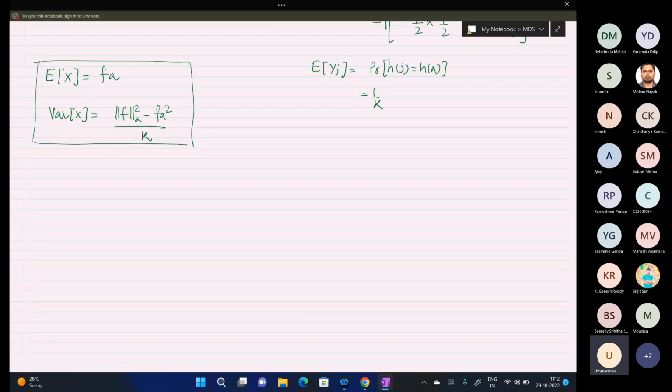Chebyshev inequality says that if x is a random variable, then the probability that x minus e of x takes more than lambda times the standard deviation is at most 1 by lambda square.